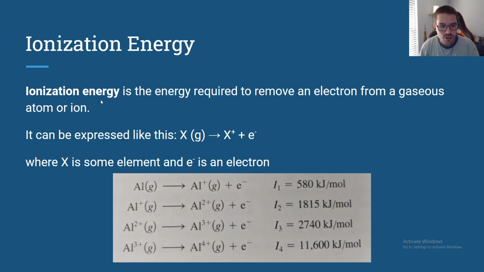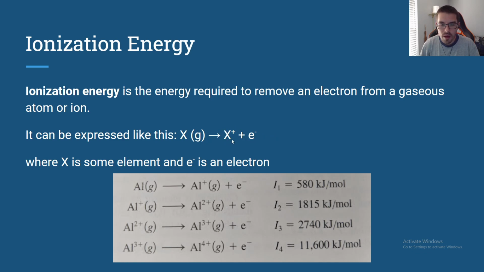So ionization energy is the energy required to remove an electron from a gaseous atom or ion. The fact that this says gaseous is not super important, but this is strictly what the definition of ionization energy is. It can be expressed like this. Basically what this says is that if you have some atom, when it is ionized, that atom is losing an electron, okay?